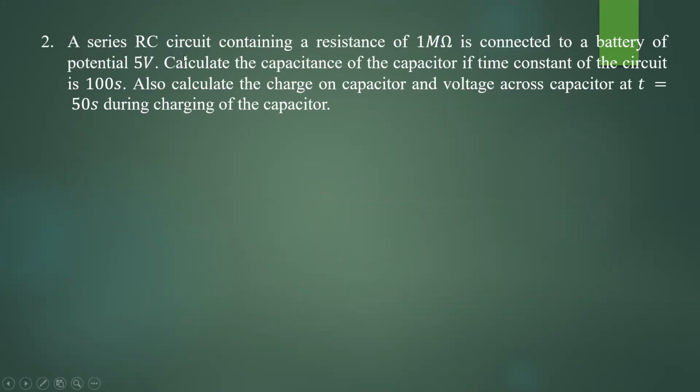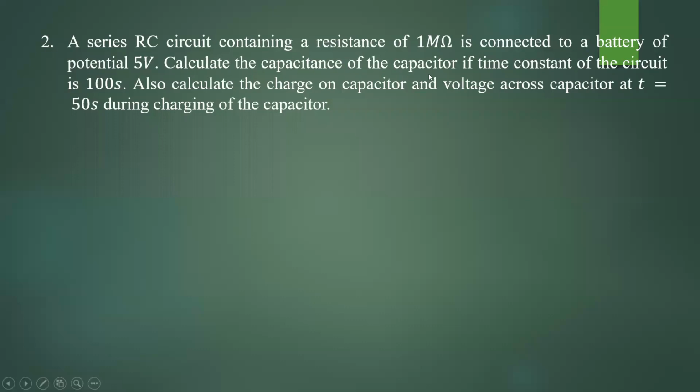The series RC circuit containing a resistance of 1 mega ohm is connected to a battery of potential 5 volt. So we have a series RC circuit containing a resistance of 1 mega ohm, connected to a battery of potential 5 volt.